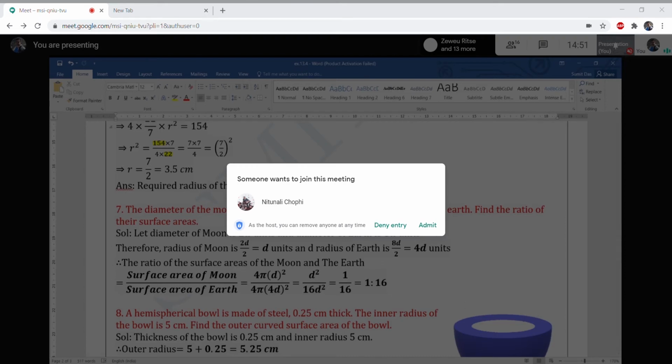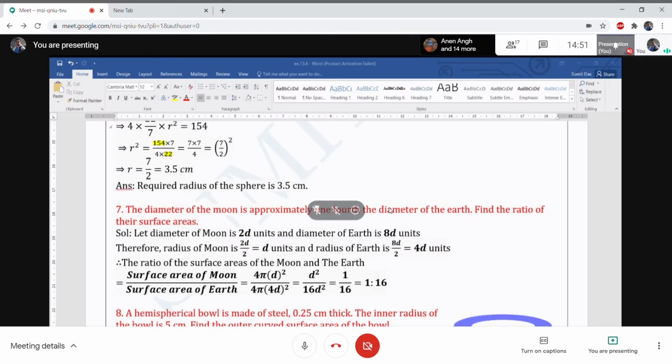The next question is asking that the diameter of the moon is approximately one fourth the diameter of the earth. Find the ratio of their surface areas. So we took the diameter of the moon as 2d. Why am I taking 2d?